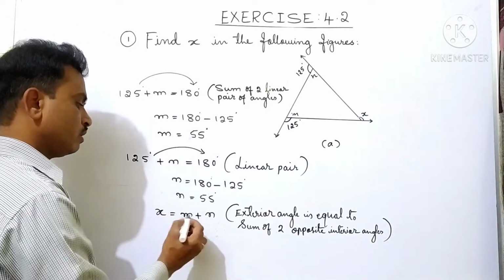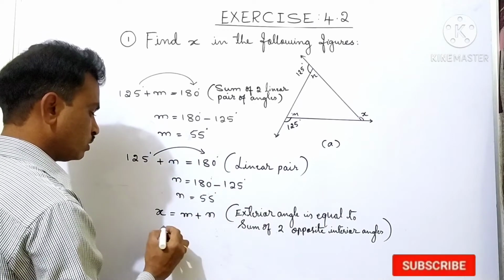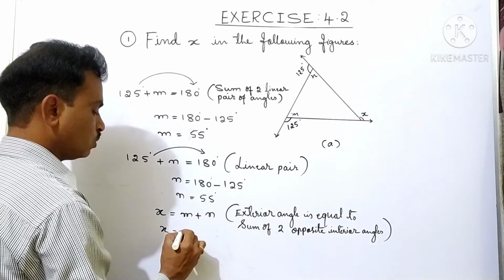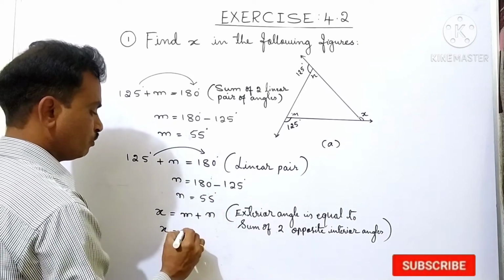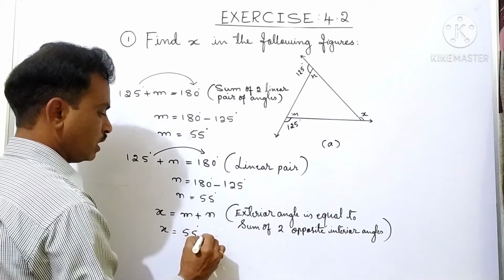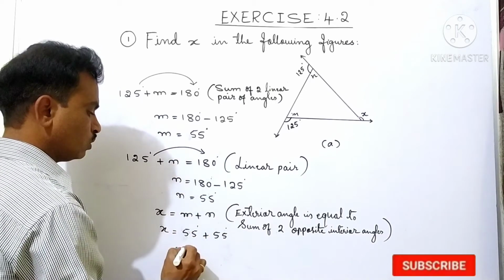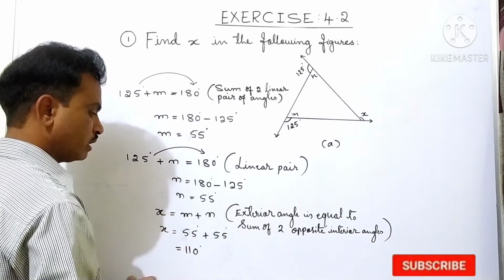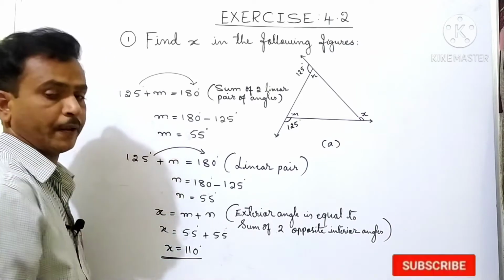Okay, then we got M value here and also N value we got here. So X is equal to 55, M value 55, plus 55. So this is equal to 110 degree. So X value 110.